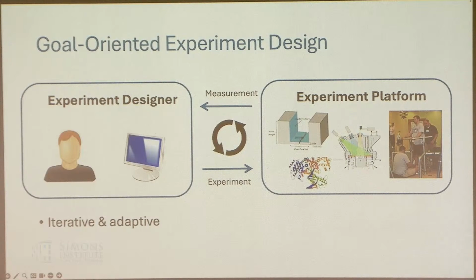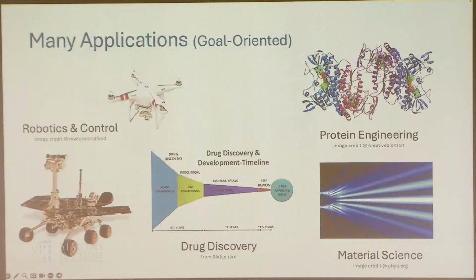And it's also utility maximizing in the sense that the goal is to find some notion of a best outcome, because we don't have time to explore the whole space of possible experiments. So we really want to achieve our goal. And there are many applications that fall under this broad category, from things like tuning robotic controllers to drug discovery to materials design and so on and so forth.